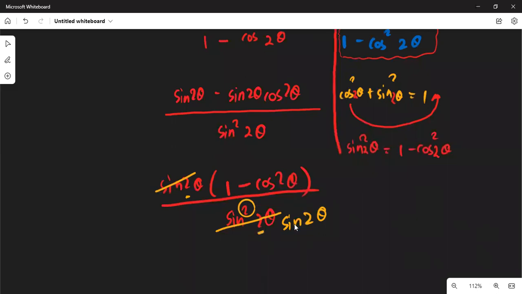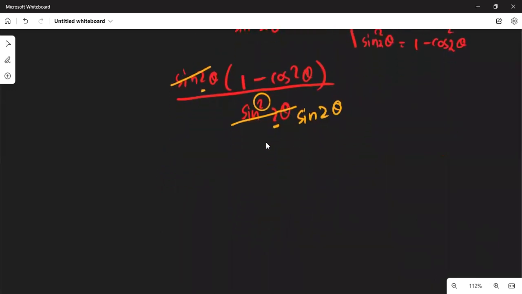So at the end of the day, what is it that we're going to have from this part? Let's just put it on top here and see what you're going to have, guys. So this will be 1 minus cos 2 theta, everything over sine 2 theta.